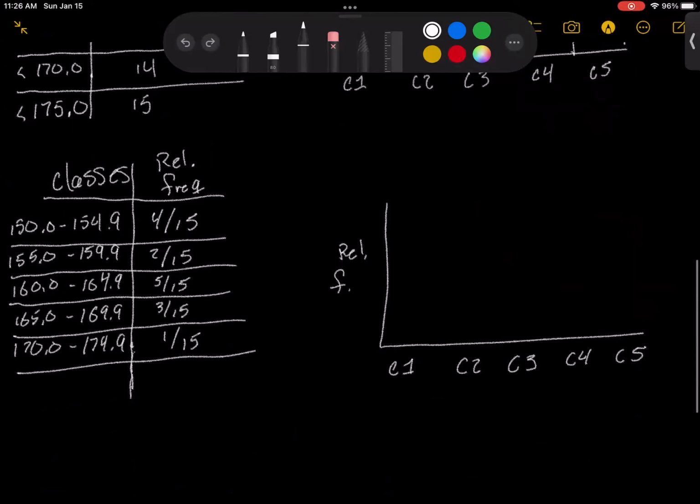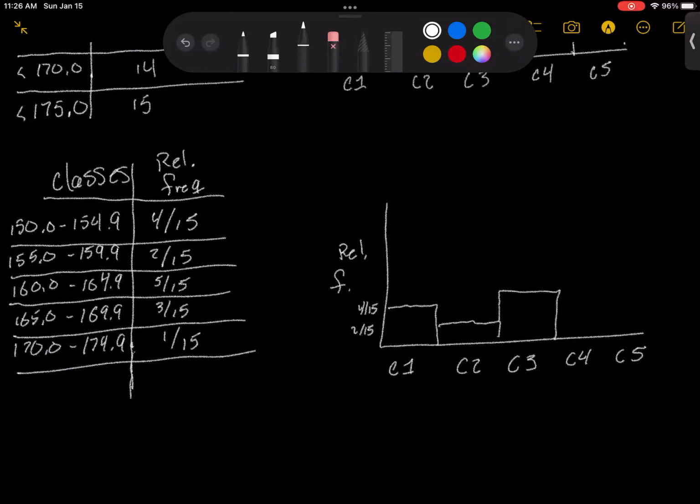Really, instead of comparing each data class to the size of our data set, which is 15 students, we're really comparing it to 1, right? We rewrote these as fractions. So now we've got 4 out of the 15. Here we have half of that. We have 2 out of the 15.